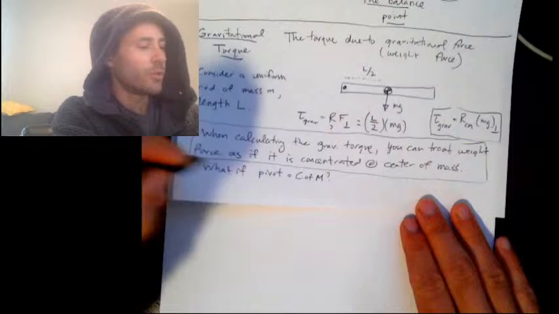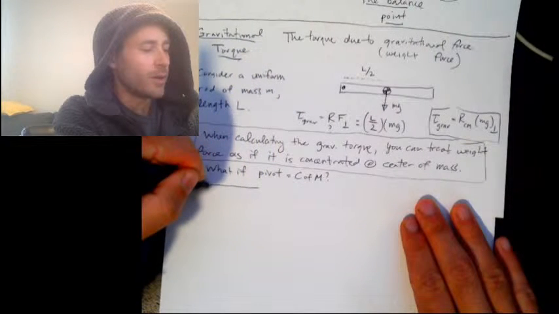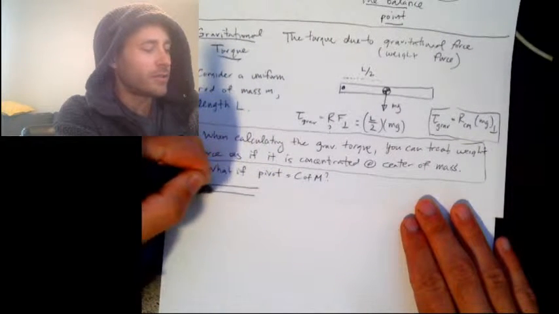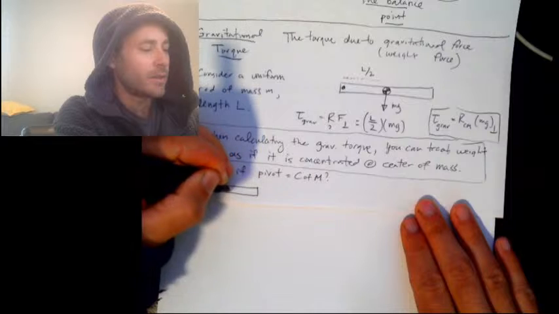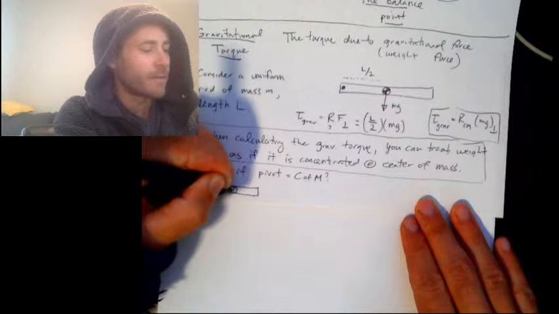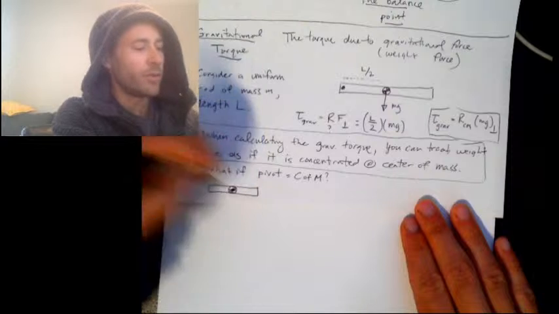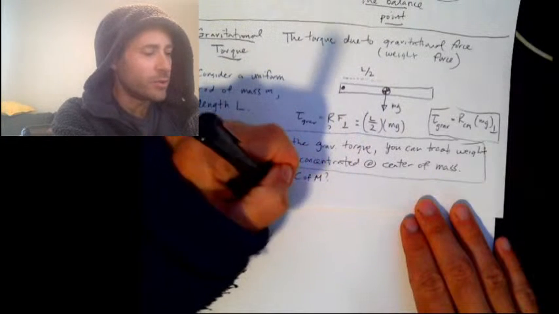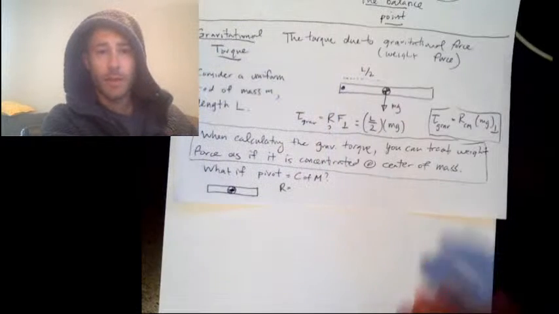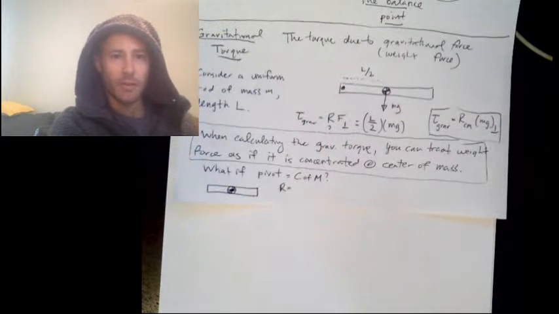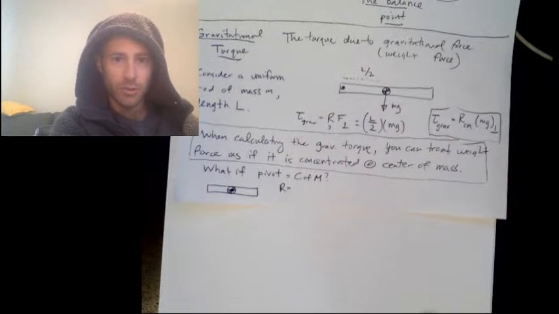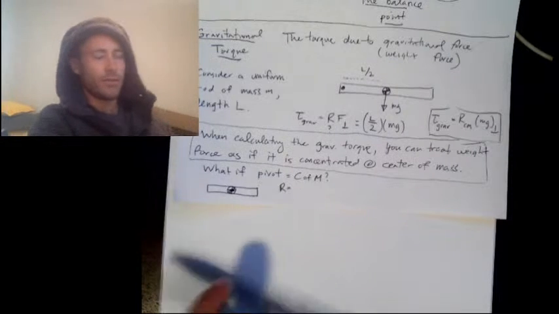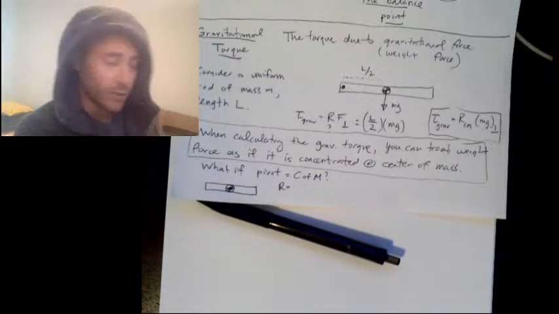Okay, so what if you had a rod where its center of mass is here, and you put the pivot right there as well? What R value would you use in this case? If the pivot and the center of mass coincide, what R value would you use when calculating the gravitational torque? Go ahead and type it into the chat if you know the answer.